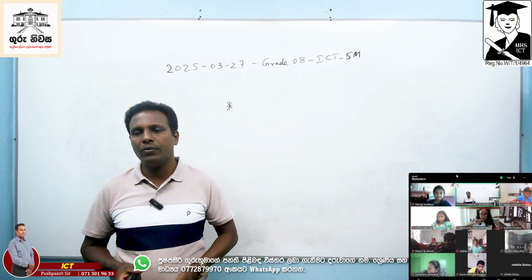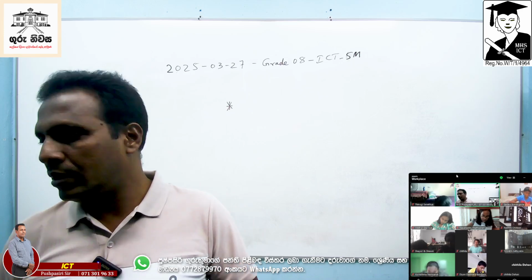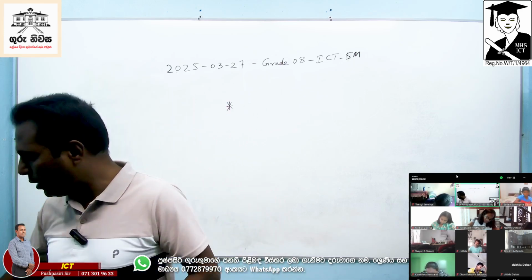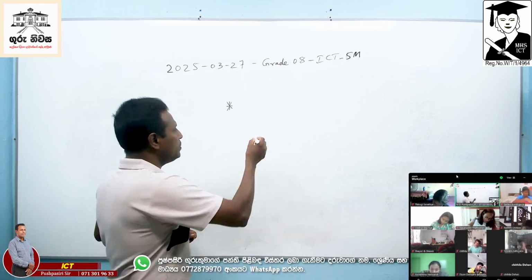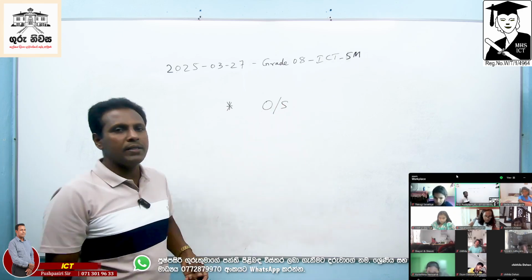Some of the OS are... OS means operating system. How do you write that? OS means O and S. So OS means operating system, right?